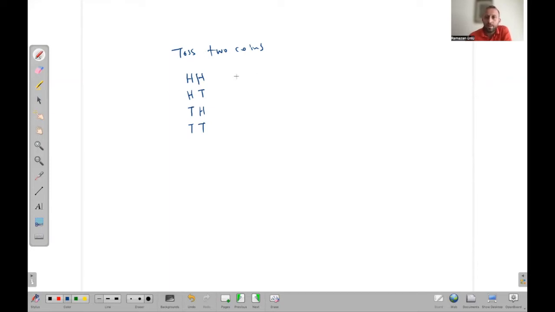Let me write the probability mass function of all possible outcomes. Let's say my interest is the number of heads, the number of upward faces that will be head.